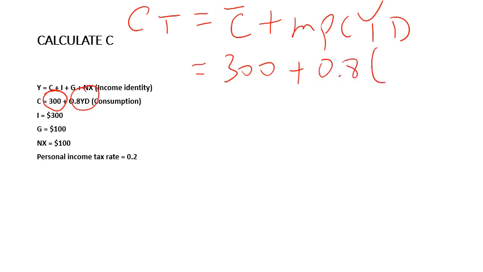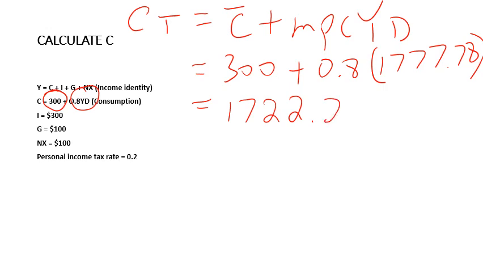And we already calculated disposable income, 1,777.78. So total consumption is 1,722.22. All right.